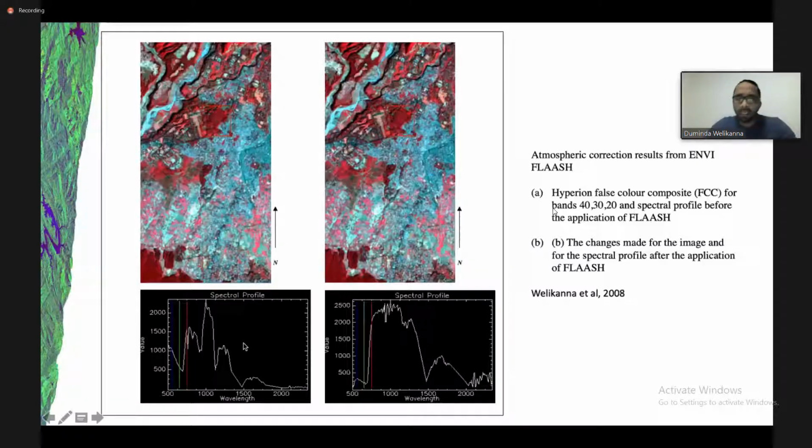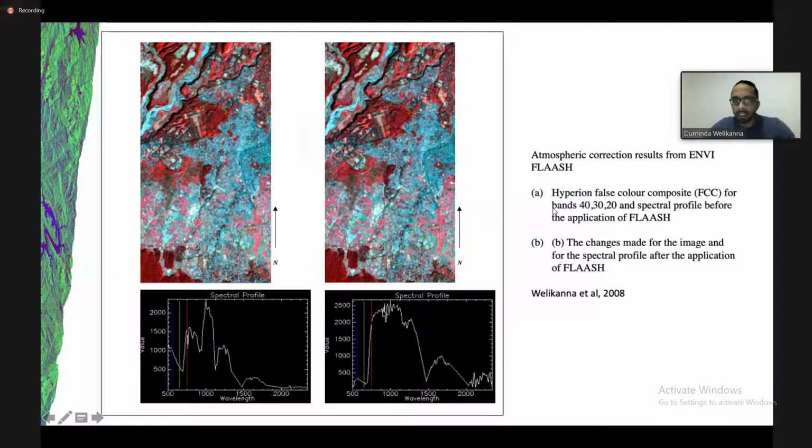What you can see here is a hyperspectral image from Earth Observation 1, from one of my works in 2008. This is the vegetation patch close to the Forest Research Institute of Dehradun, India. You can see the spectral profile on top of vegetation. Once it is not corrected for atmosphere, it looks something like this.